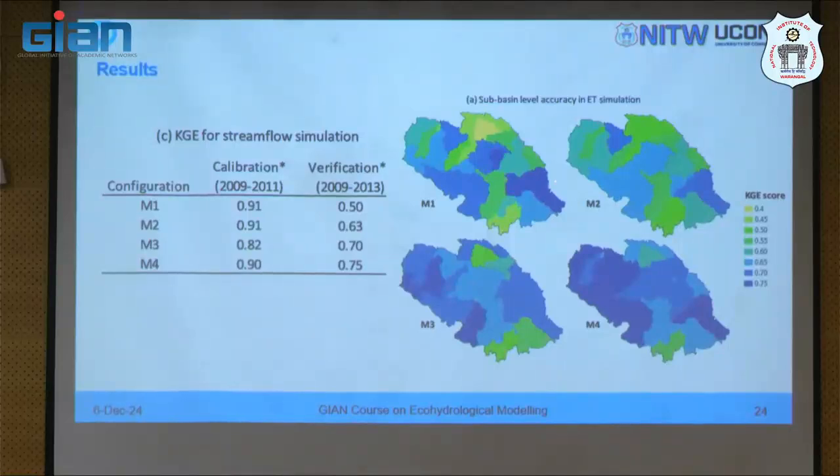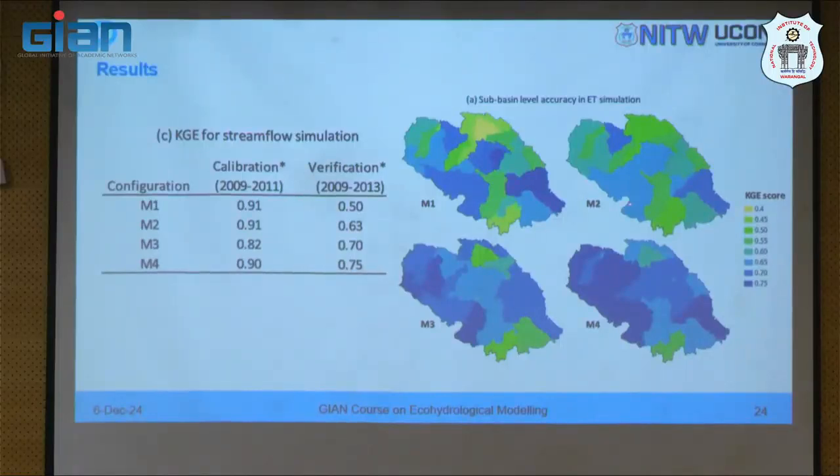Your ET simulations are changing here. This is color coded for KGE score, from yellow at 0.4 to blue at 0.75. Now this is M1, where you're simulating with only streamflow alone. And you see here, there are many basins in yellow and green, which indicate a score of less than 0.5.